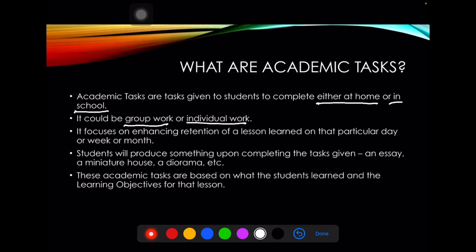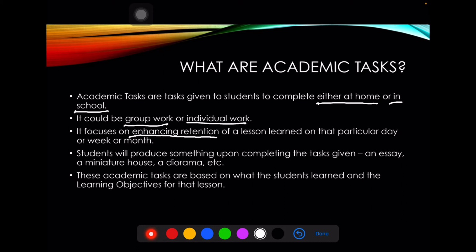It focuses on enhancing retention of a lesson, so that when the students actually practice doing the academic task, they would remember it longer and understand it better. This is enhancing retention of a lesson learned on that particular day, week, or month.